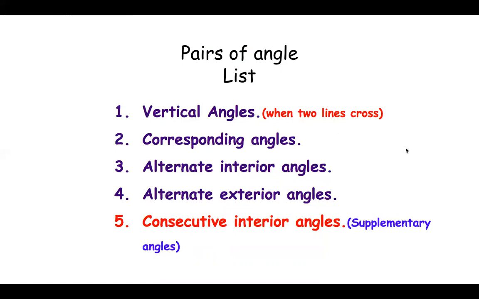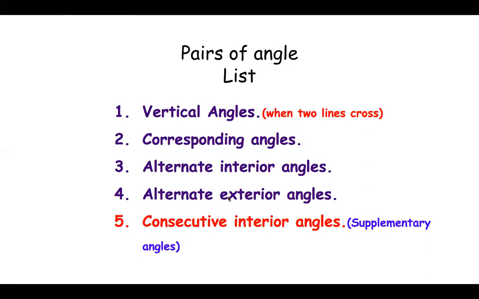If two lines cross or intersect at one point, they form vertical angles, okay? But we'll look into it again. Corresponding angles, we're going to look into. Alternate interior angles, we're also going to look into. Alternate exterior angles.